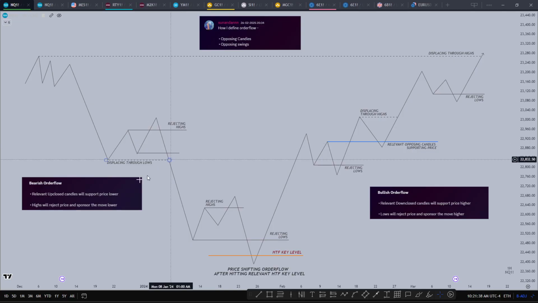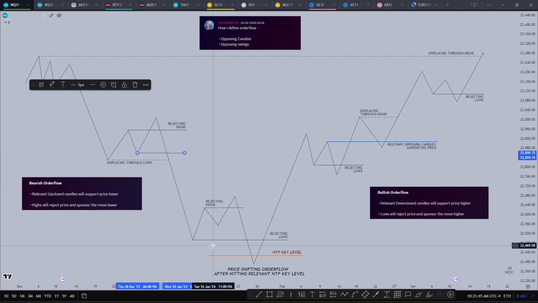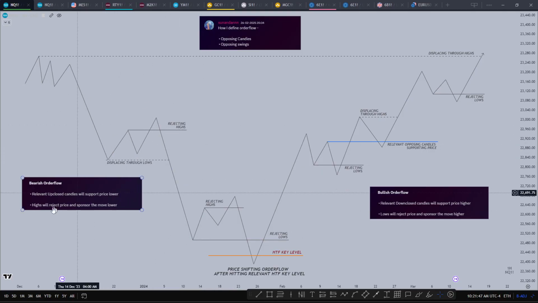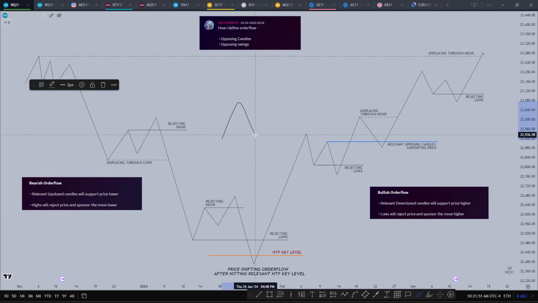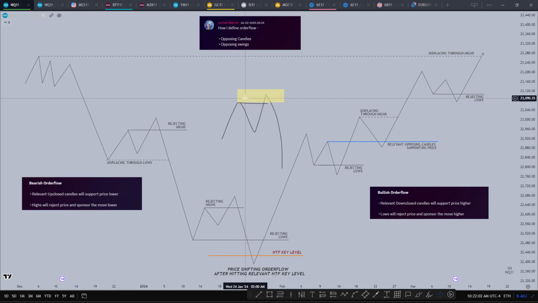Not every up close, that's why relevant up close. Relevant up close candles will support price lower. Highs will reject price. Price going into a high, this will reject price. You should see a high as a key level in bearish order flow.